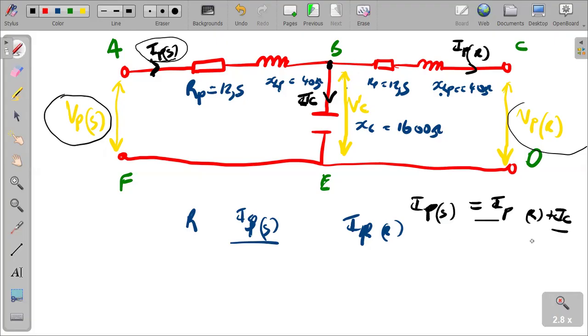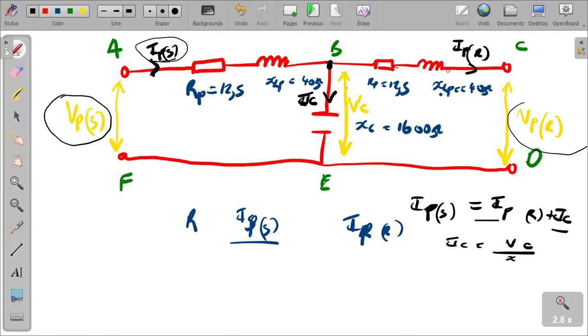Now we need to find IC. So IC can be found by saying VC, which is VBE, divided by XC, of course, the capacitive reactance that we have. That's IC. Then coming to IPR, it means IPR has to be calculated using the voltage VBE divided by ZAB. So those are the values that we need to calculate.